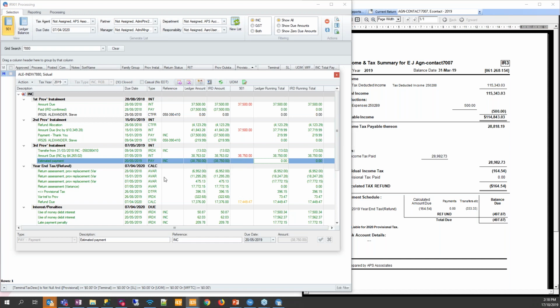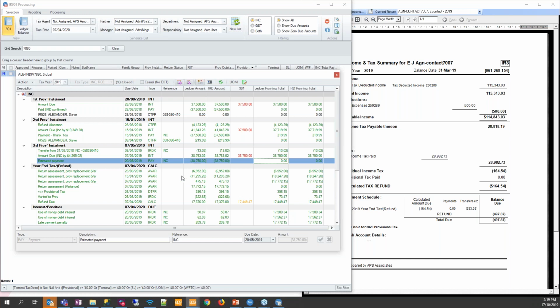Sorry, I was just going to say the scenario here is that, yes, we still want everyone to put the variances against the first provisional instalment if that is what it's regarding, but the problem is that when you come to do the terminal tax, it will show, for example, the terminal tax to pay is 20,000, but then it shows a credit against provisional outstanding of maybe 10,000, which is the sum of all of the variances.